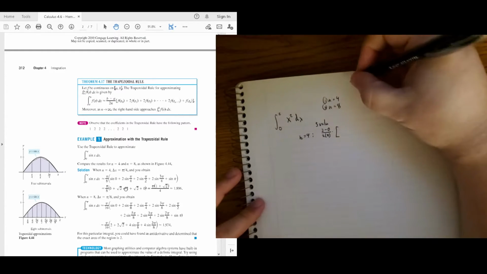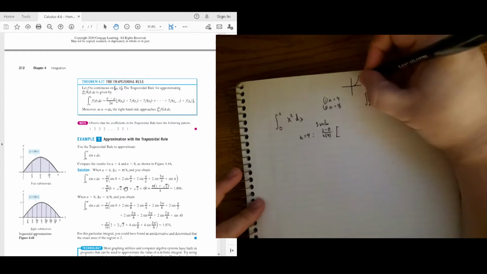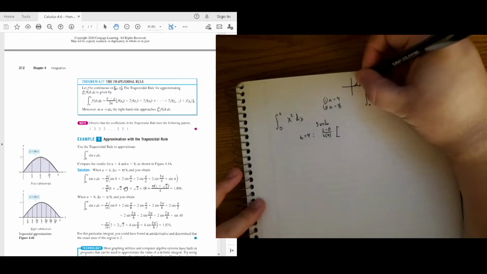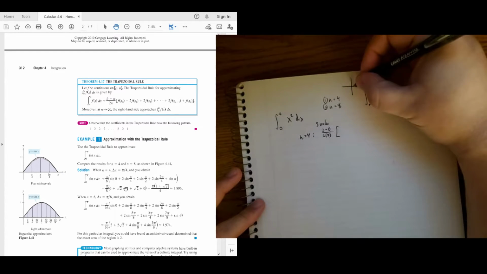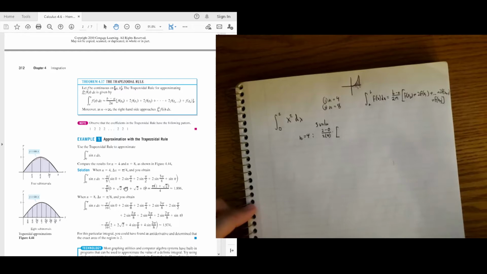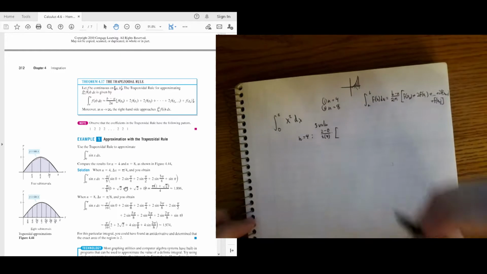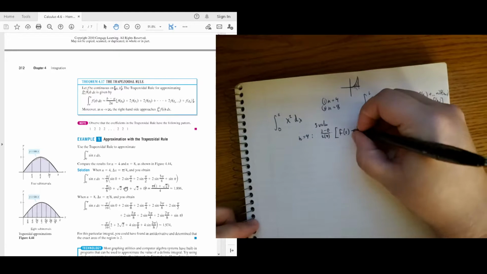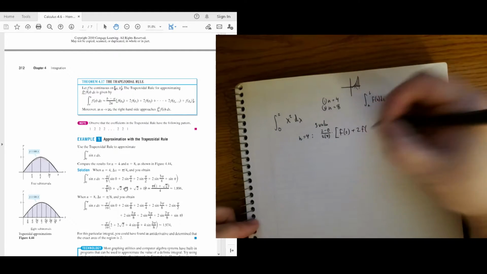Think of the function, in this case, as the following picture, with our x squared. Beautiful. So I want to break it into 4 rectangles. I've got 2 rectangles, 4 rectangles. I'd have 1, 2, 3, 4, 5 values for our function. So there we go. Let's try it out. So I'd have f of x sub 0 plus 2f.